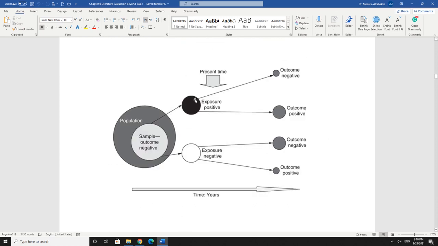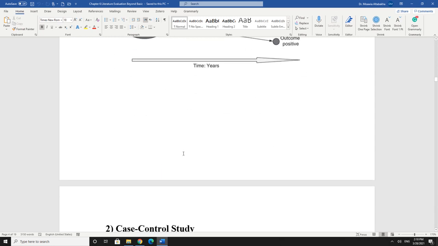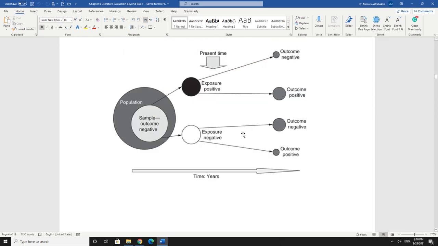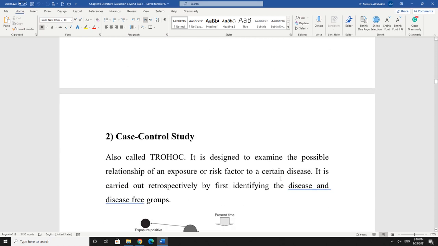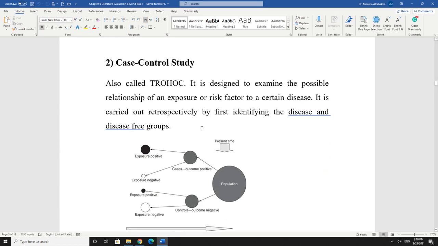Here we start with exposure or risk factor, present or not present. Here we start with outcome positive or outcome negative. So it's exactly the opposite. We are here, we look at the population, we took the group with outcome positive and a group with outcome negative, and then retrospectively we investigate their history to see whether they were exposed or not exposed.